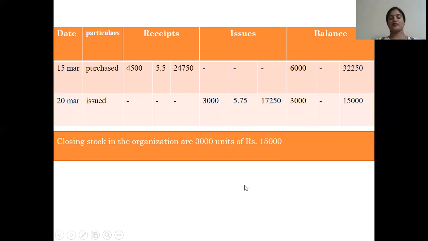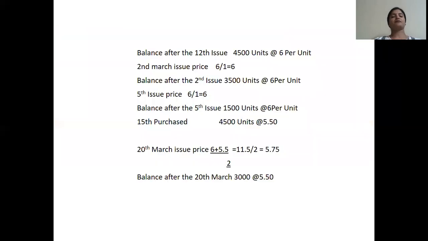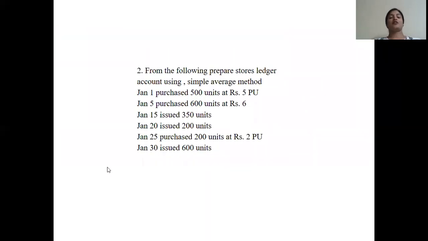I hope you all understood. Now let us go to one more problem. See, from the following, prepare the stores ledger account using the simple average method. January 1st, purchase 500 units at rupees 5 per unit. On Jan 5th, purchase 600 units at rupees 6. On Jan 15th, issued 350 units. On Jan 20th, issued 200 units.